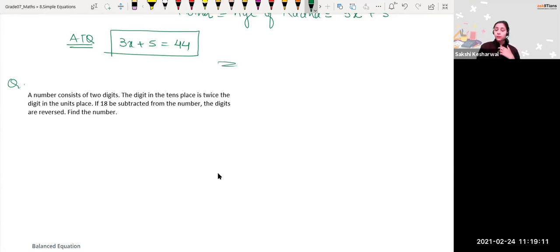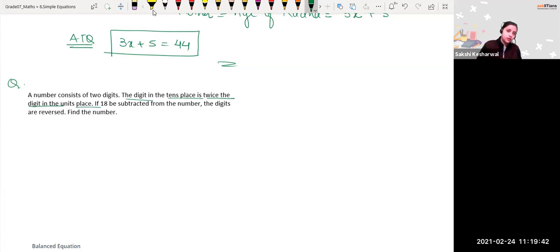It says that the number consists of 2 digits and the digit in the tens place is twice the digit in the unit place. It doesn't matter. And if 18 is subtracted from the number, the digits are reversed.